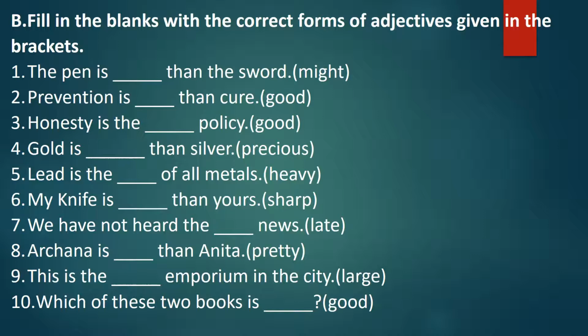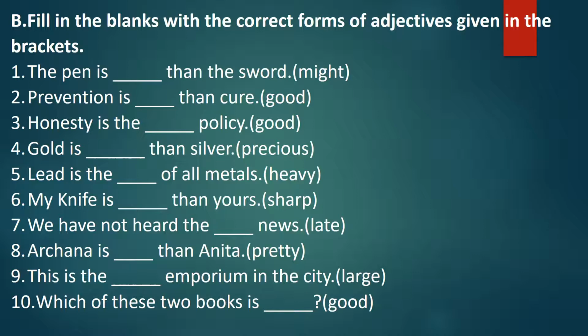So gold is more precious than silver. Next sentence, lead is the dash of all metals. So lead is compared to all the metals, more than two things, so the superlative degree will come. So lead is the heaviest of all metals.